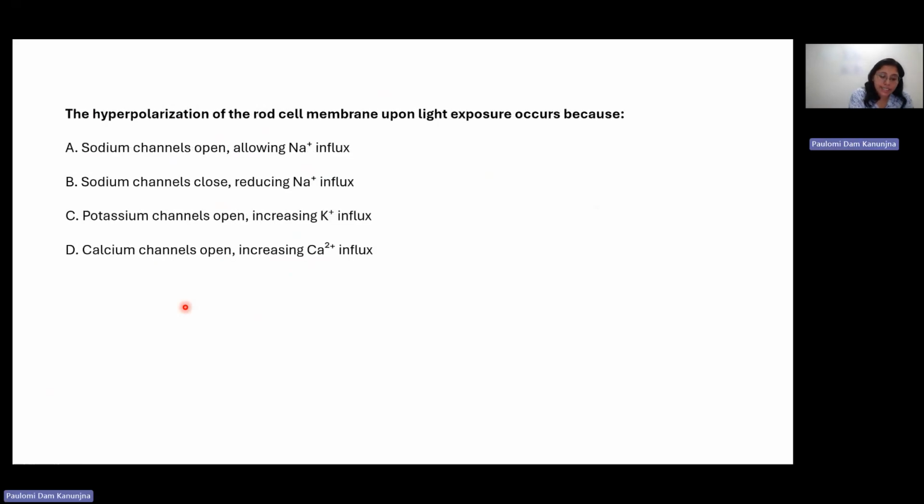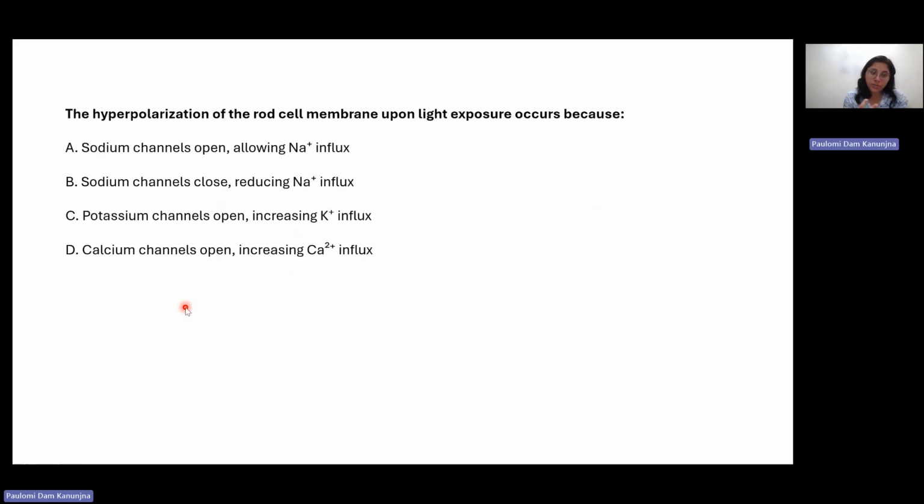Now, next part. Again, read and try to answer. The hyperpolarization of rod cell membrane upon light exposure occurs because of what? It's convoluted, but it's basically asking the same kind of question. So read and answer. All these questions will help you.